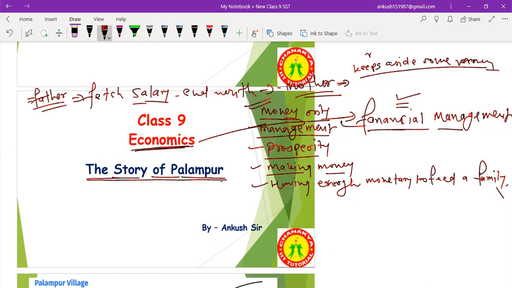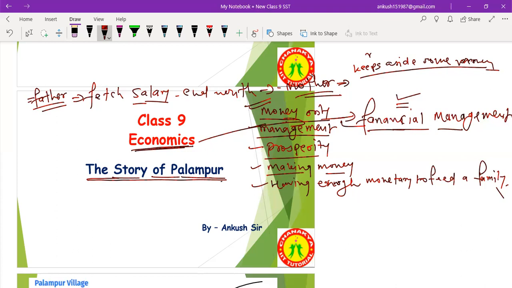So the people who are getting all kinds of facilities in a village, just take an example of a village, those facilities are the results of economic activities which have flourished in that village. The more work is done by the people of that village, the more economic activities will take place.